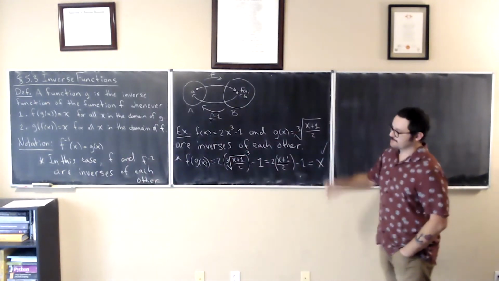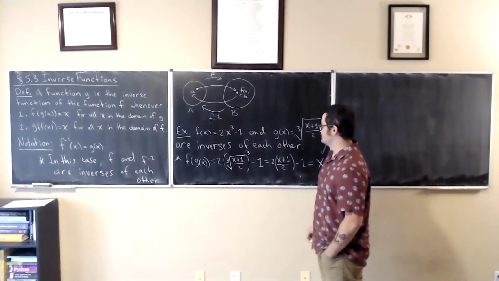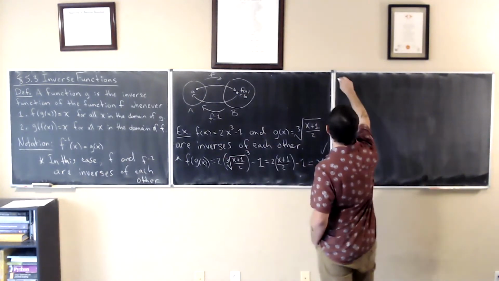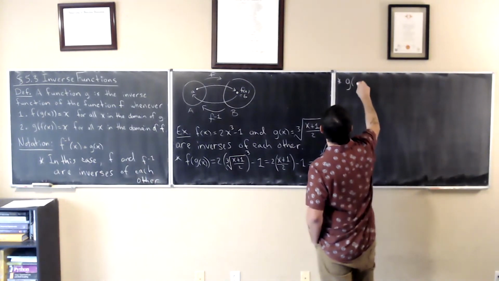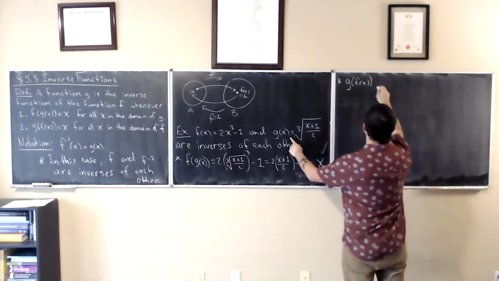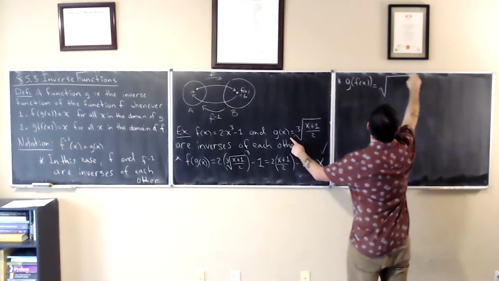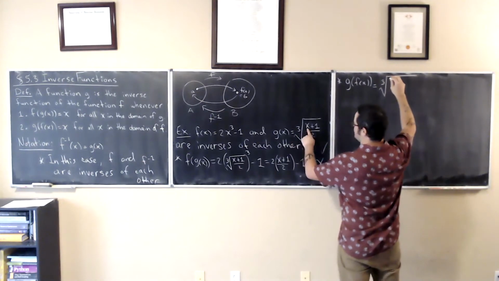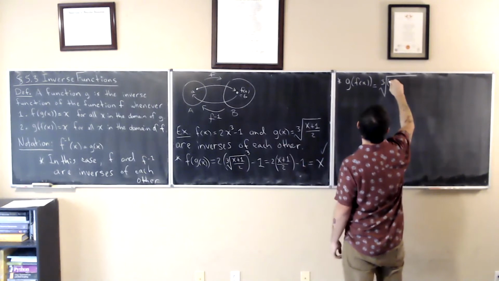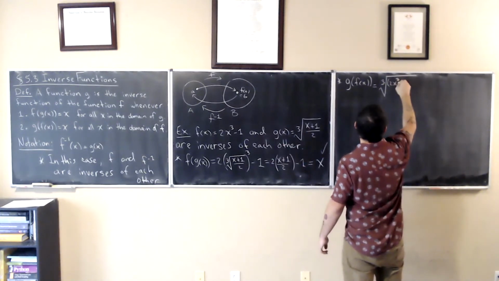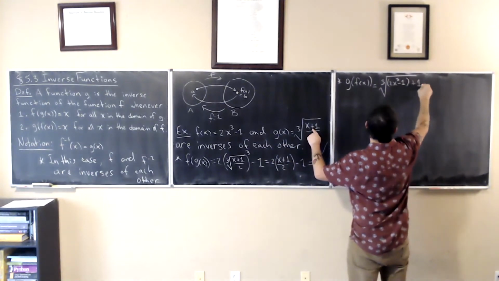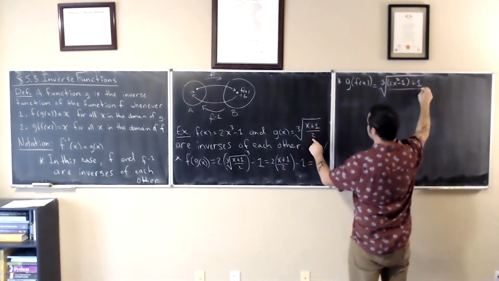I suppose that we can also verify that f is the inverse of g. So we can say g evaluated at f of x. What does that look like? Well, it's equal to the cube root of, what goes inside, 2x cubed minus 1 plus 1, all over 2.